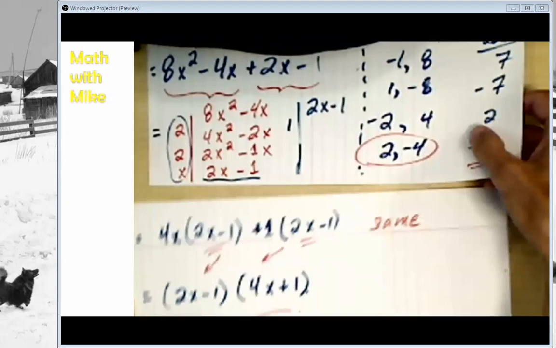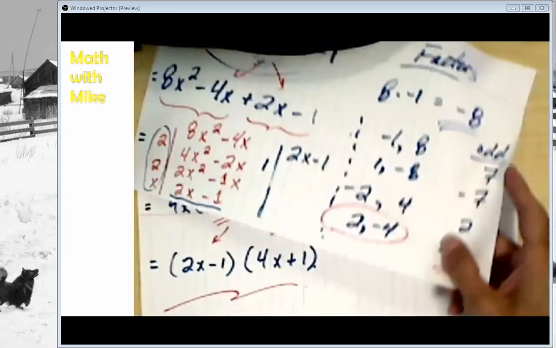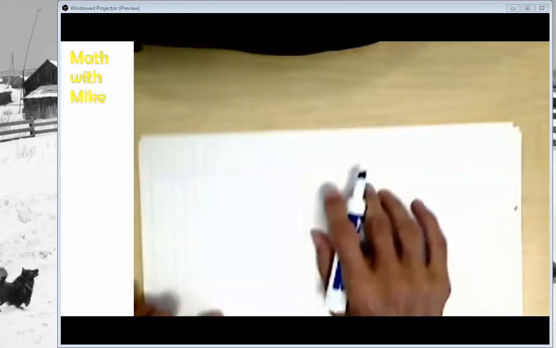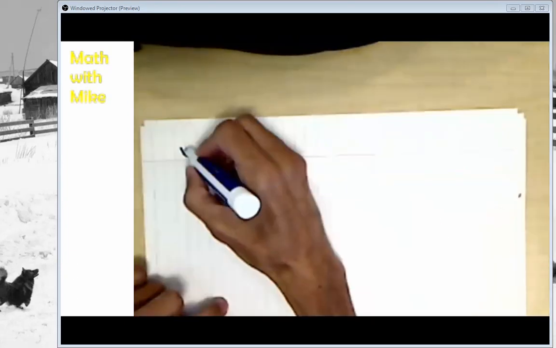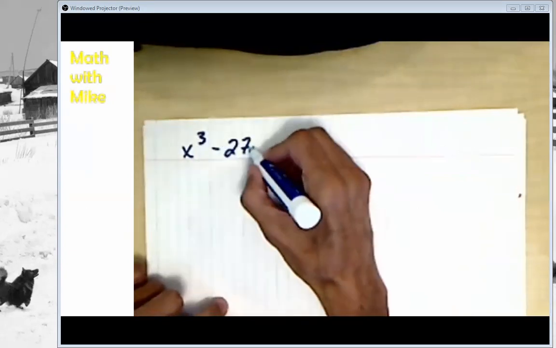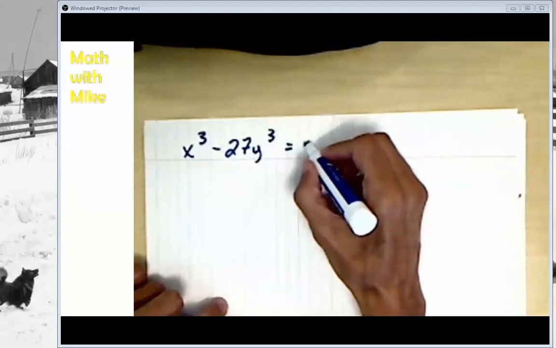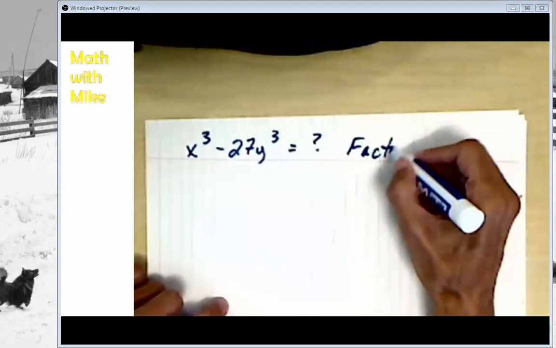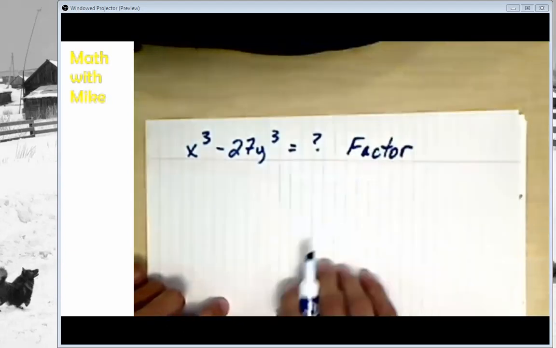Second one is weird because it has those cubes in there, but that makes it easier. There's a formula for it. So if you remember how the formula works, it's pretty quick just to make that happen. Okay, so the second expression we had to factor was this thing here. Factor this one.